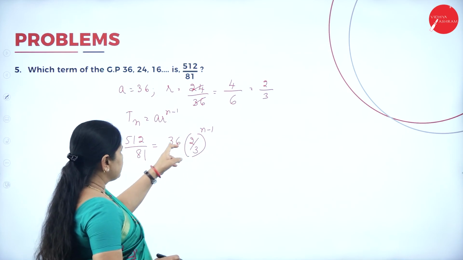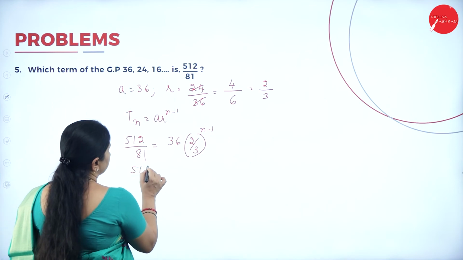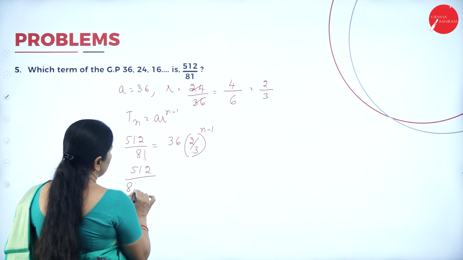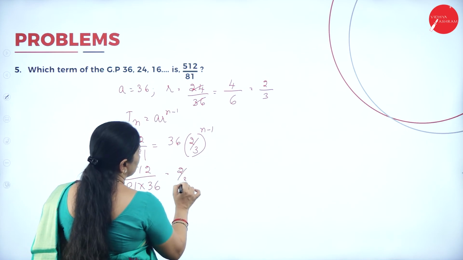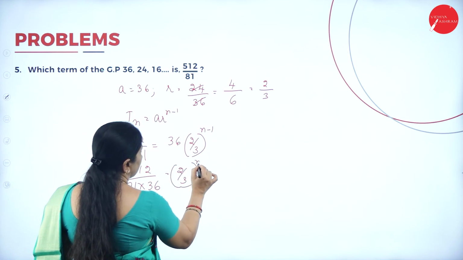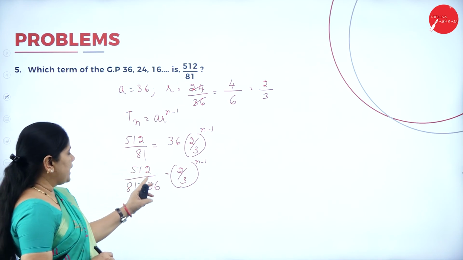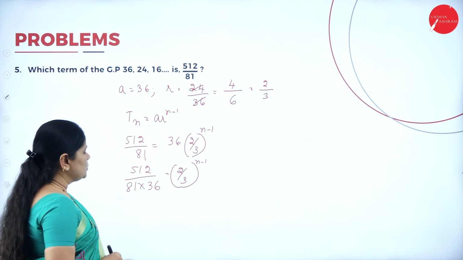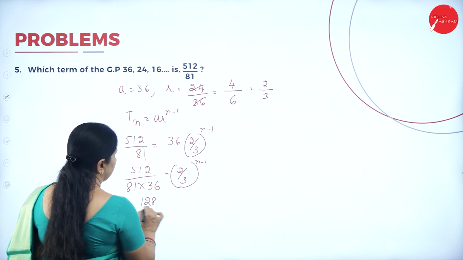So I just bring this to the left hand side of the equation. So this will come to 512 by 81 into 36 equals 2 by 3 to the power of n minus 1. So when I am simplifying 512 by 81 into 36, I get 128 by 729.